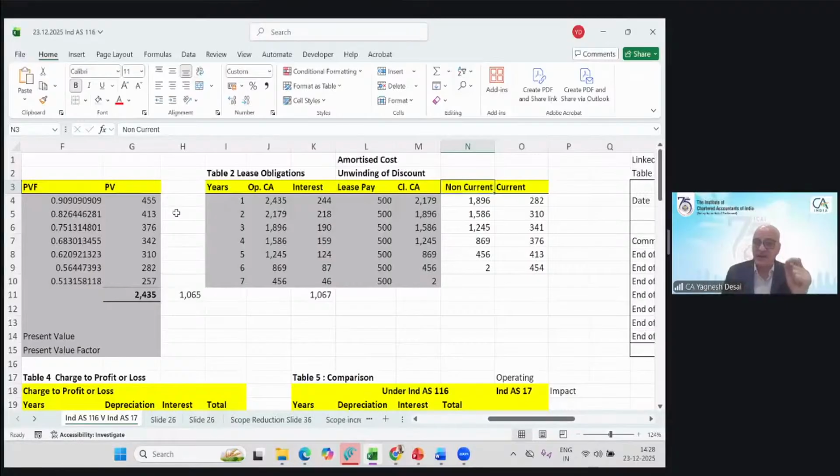But as regards the lease obligations, I'm addressing presentation also because that is very vital. Lease obligations have to be presented on the face of the financial statements, A, non-current, B, current. Mind you well, these are not to be merely disclosed but to be presented.